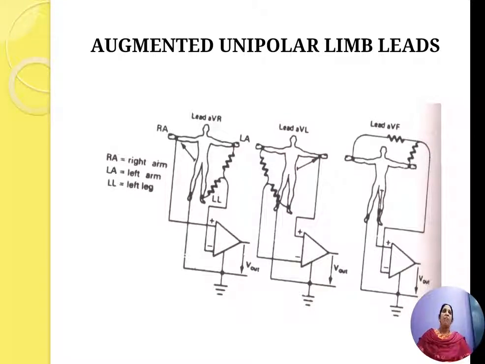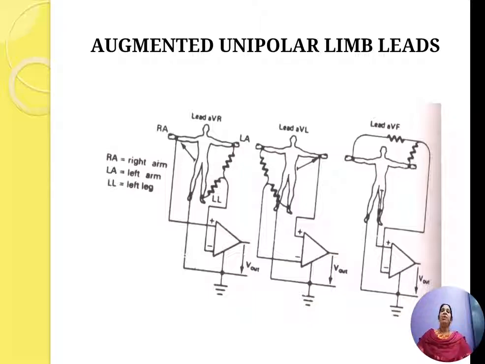So what is happening in the first one, when we are considering AVR, augmented voltage right? One of the terminals is your right arm, and the other terminal is taken by connecting left arm and left leg to a central terminal using two resistors, which is given as an input to the amplifier.